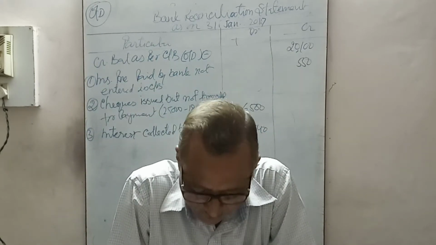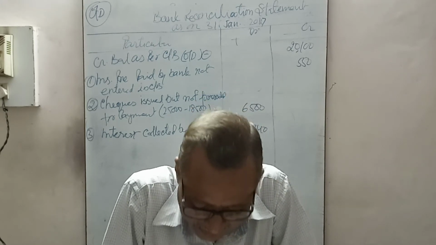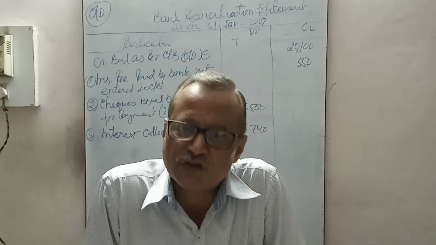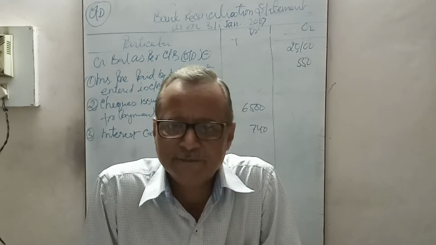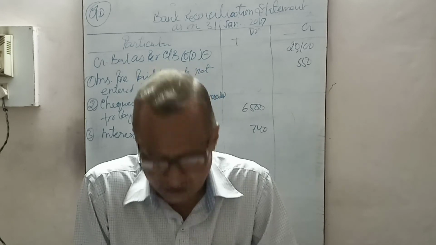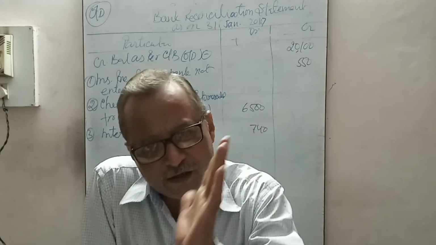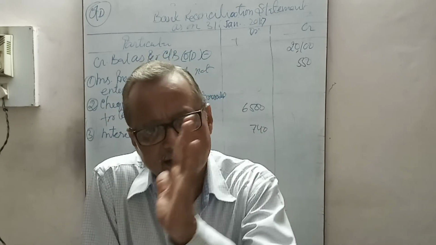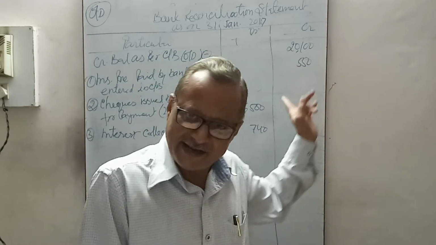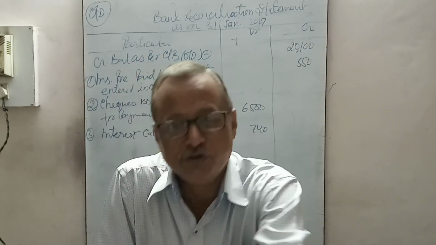Checks of 8,700 were deposited into bank, but checks for 7,000 were cleared. It means 1,700 were not cleared. The check was not cleared till 31st January. It means that was not credited in the passbook. 8,700 was debited in the cash book. Only 7,000 was credited in the passbook. It means 1,700 is still less in the bank. So as we have taken the cash book balance, that should also be reduced.